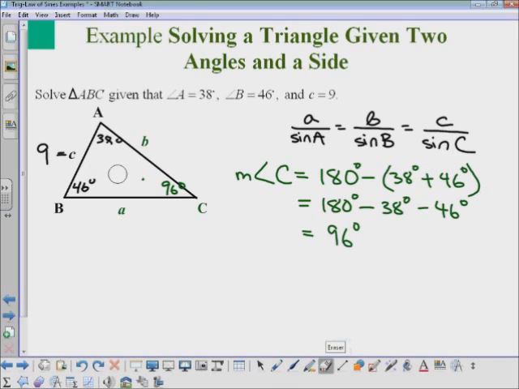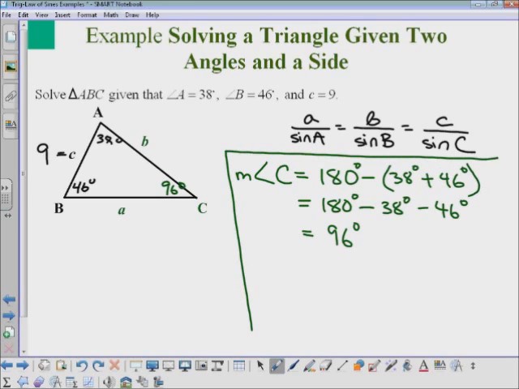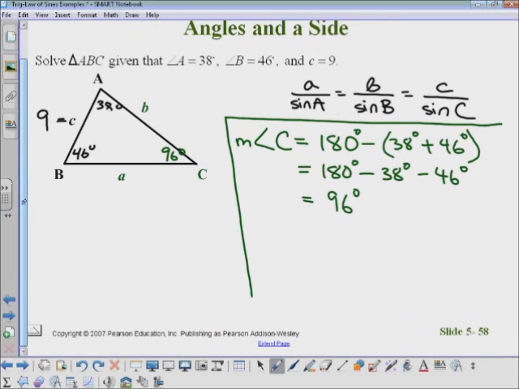Now, if you write neatly and draw your triangle big enough, I don't mind you putting your answers in the triangle. I'd prefer, though, a nice little box on the side, showing me the answers a little easier to find. But sometimes some people are really neat and can do the triangle nicely, so that's okay too.